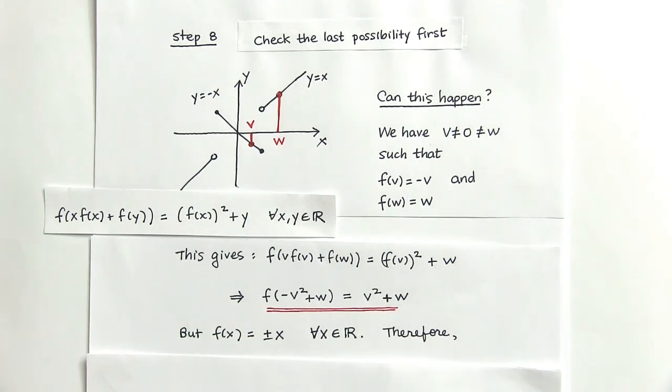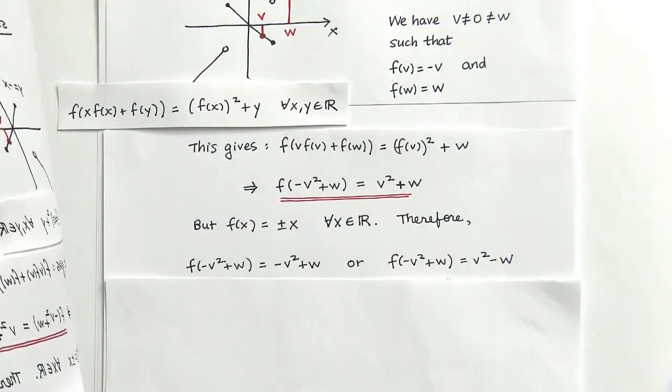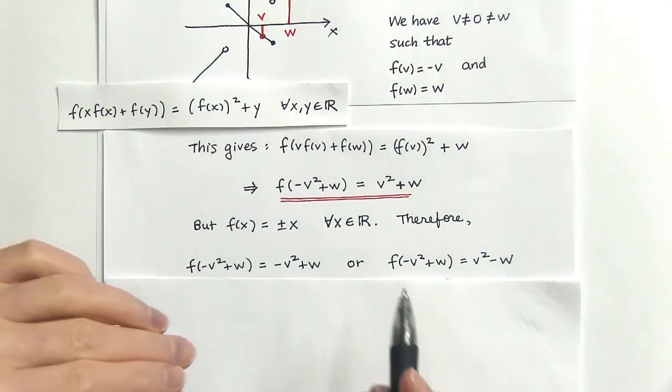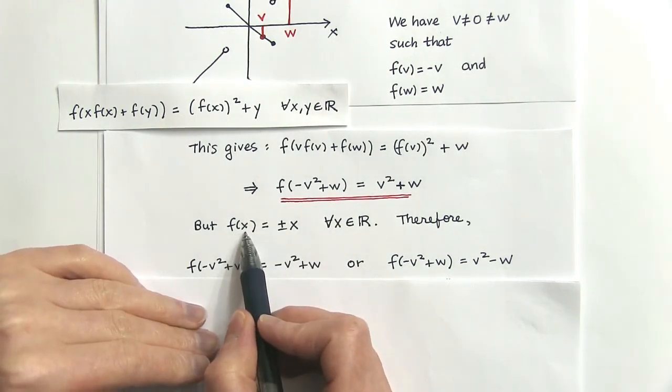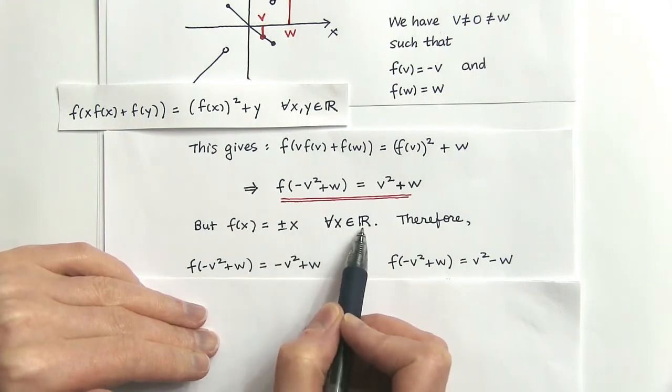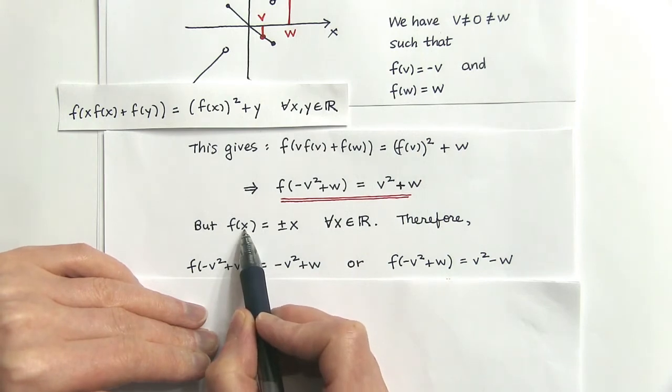Looking at that in detail, the end of step 6 tells us that f evaluated at x is either plus x or minus x, no matter what real number x we plug into f.